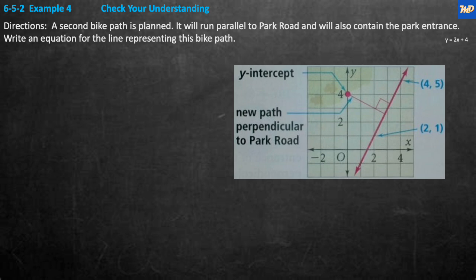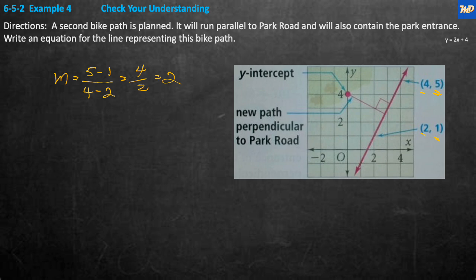So the slope is equal to y2 minus y1, so 5 minus 1, over 4 minus 2. The 5 and the 1 are the y values, the 4 is the ending point, the same one I used before, and the 2 is down here in x. So when you do that, you end up with 4 over 2, which is 2.